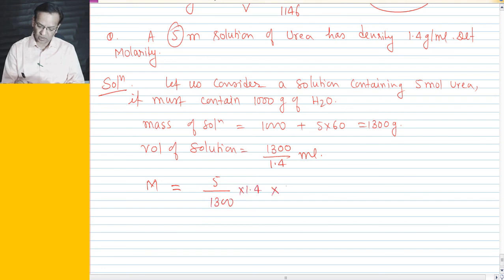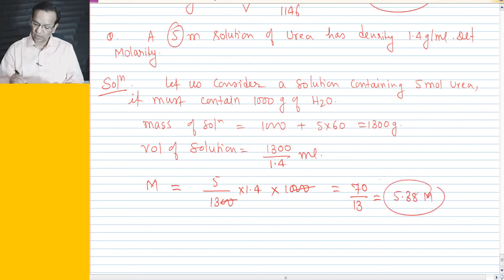So it will be numerator multiplied by 1000 since it is in milliliter. So it will be 14 into 570 divided by 13. So if we solve it, it comes out to be 5.38 molar. Now the molarity is more than molality, and that is due to higher density of the solution.